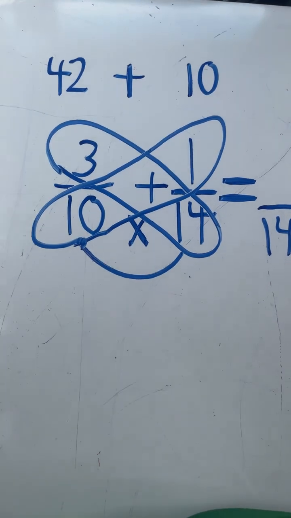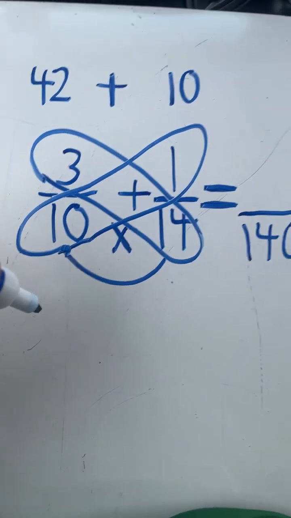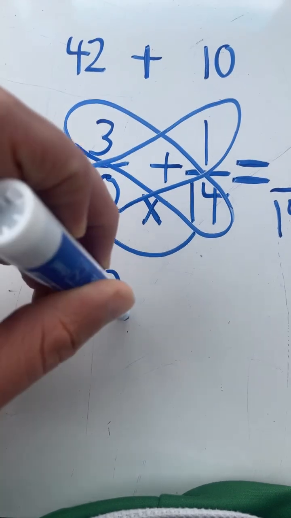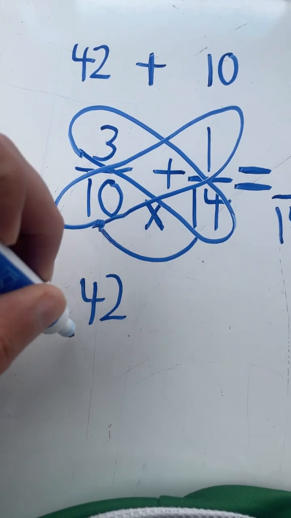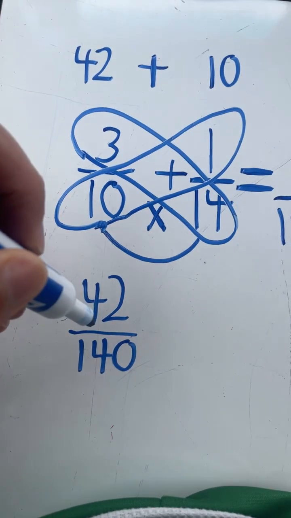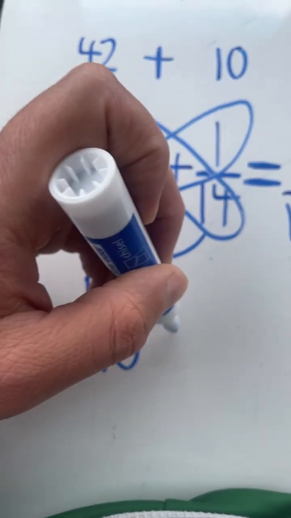Now if you want to rewrite the full problem with the new common denominator so it's easier to see, I can do that as well. So 3/10 converts to 42 140ths, and 1/14 converts to 10 140ths.